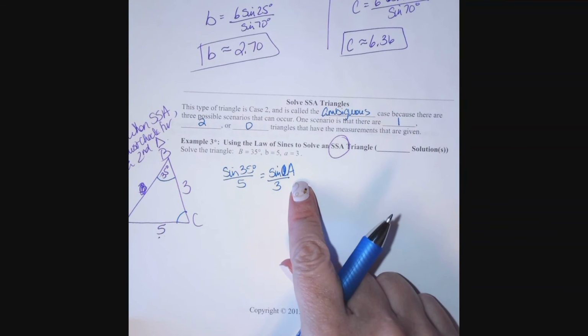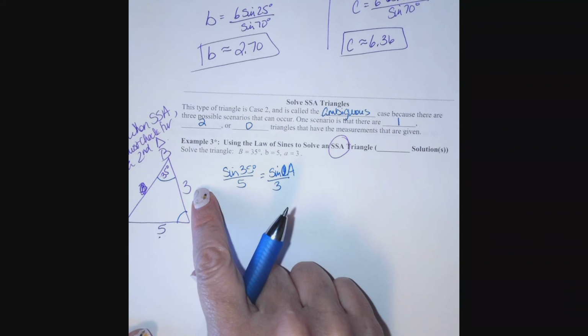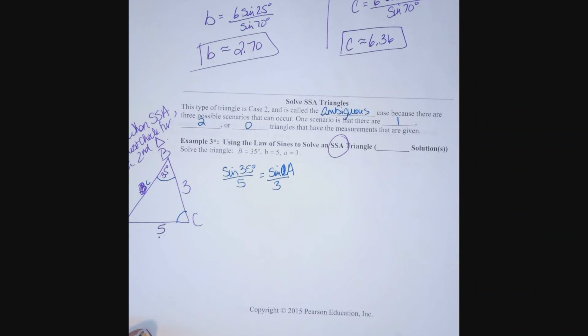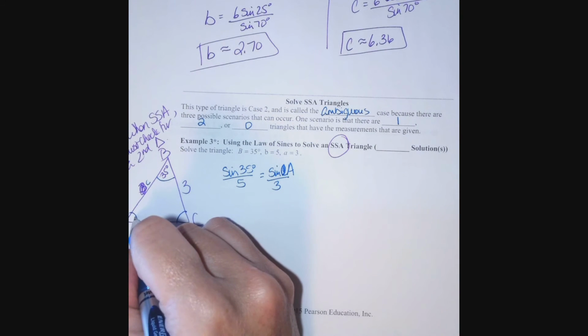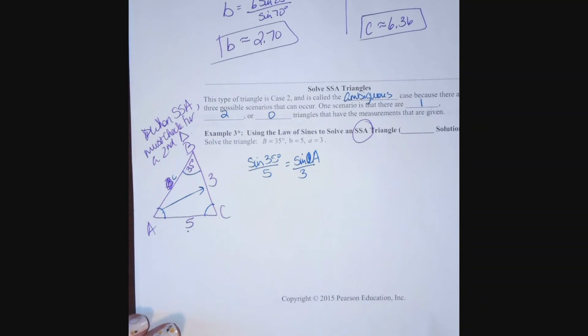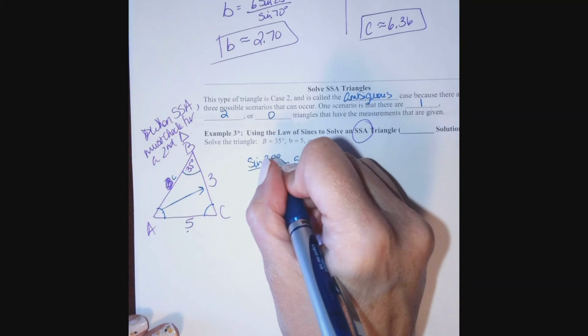Okay, so angle A, side A. Angle B, side B. Angle C, side C. We don't know side C. So we're starting by finding angle A, which is opposite side A, which is 3. I know this pair.